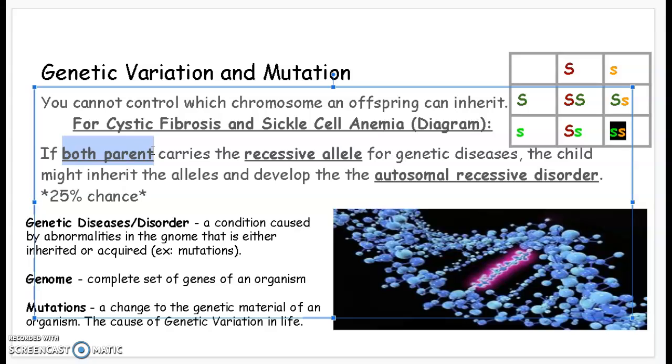Now, there are other situations. What if someone with the disorder has a child with a perfectly fine individual, a homozygous dominant? Those are possible questions we can ask you.